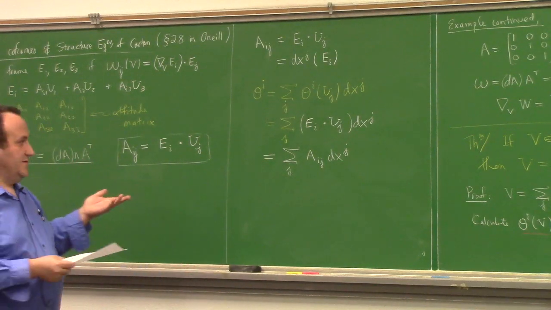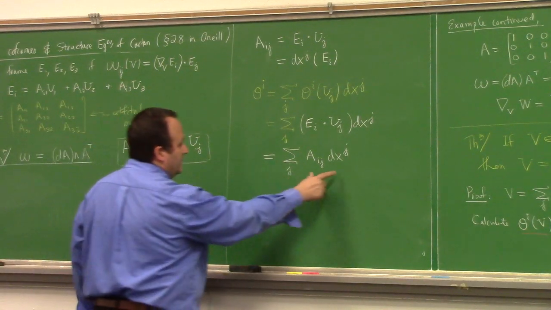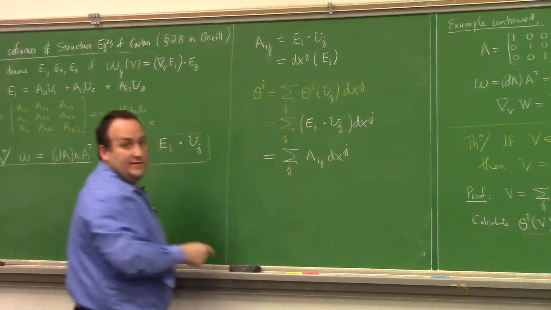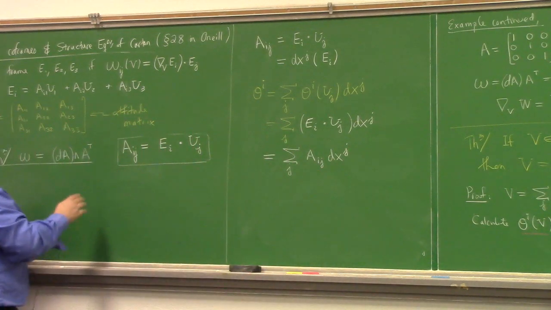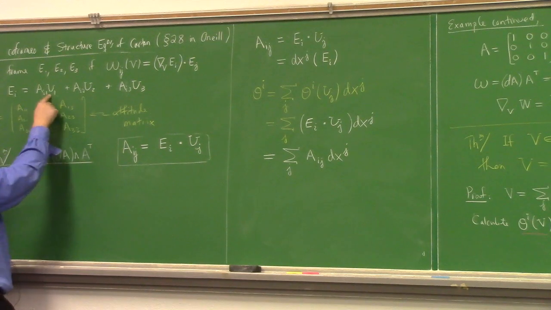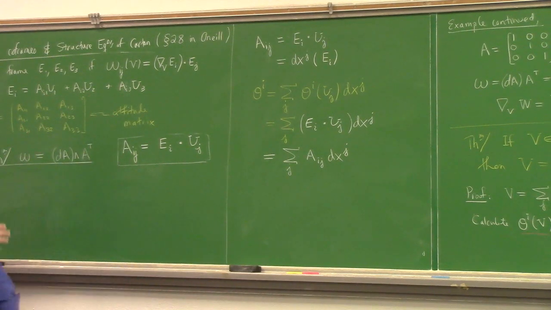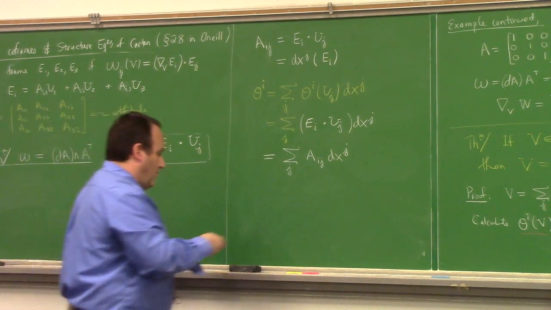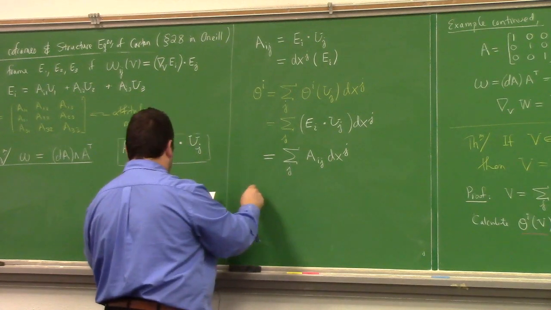The same coefficients: the relation between theta I and dxj is entirely the same as the relation between Ei and U1 through U3. It's the same pattern. That's a little bit surprising, but there it is, theorem.